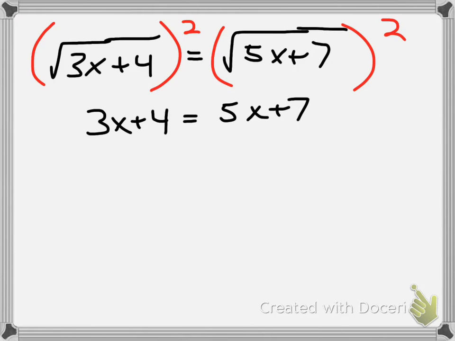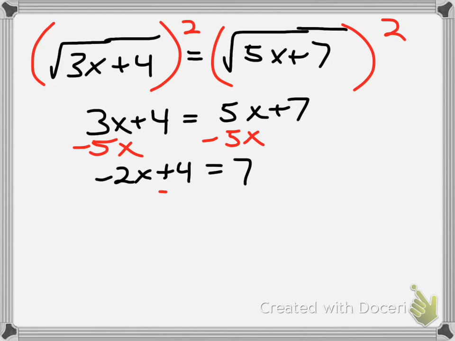I'll continue to solve for x now. So I'll subtract my 5x in this case from both sides. That leaves me with a negative 2x, still plus 4, equals 7.